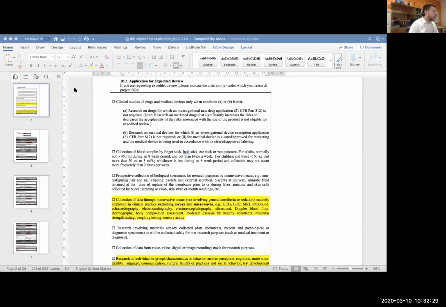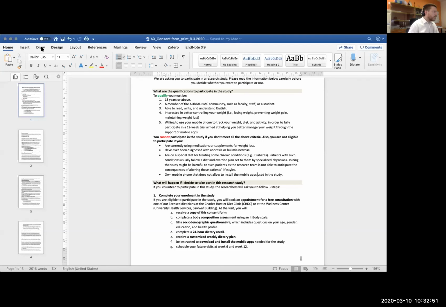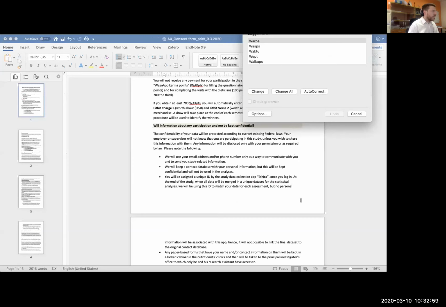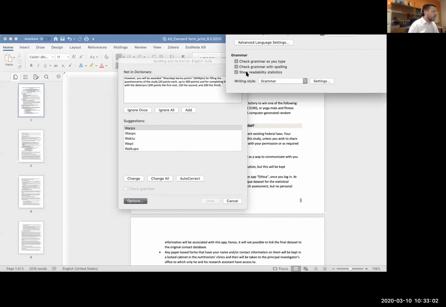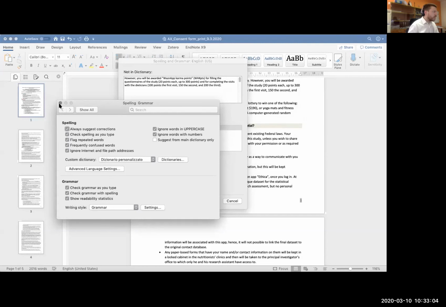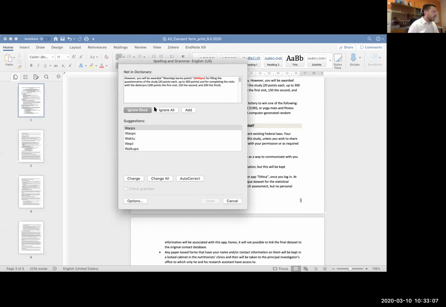Consent form, for example. You want to try the consent form. I'm working on an IRB application now, so I am using this. Let's see. Stop share. I'm using this one. If I want to test this one, spelling and grammar, and I go to options again, show readability statistics, and then ignore all.